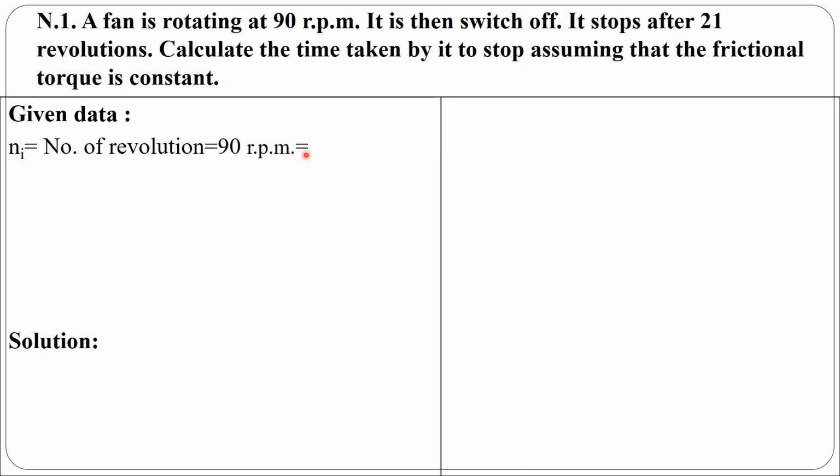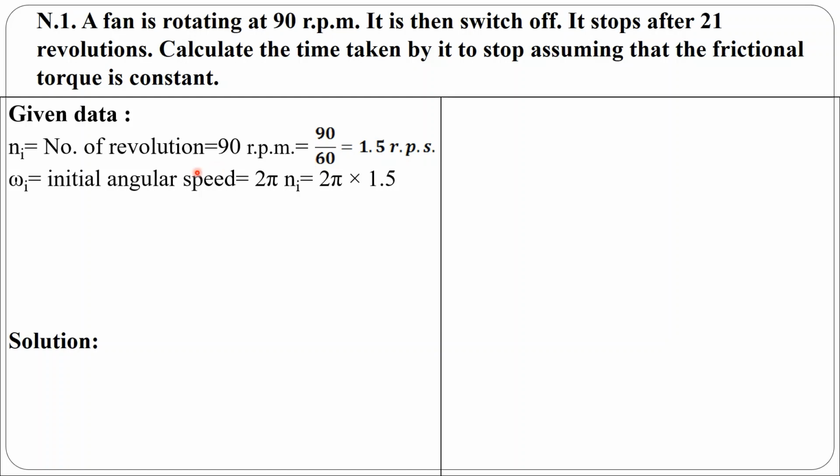rpm means revolutions per minute. So this value in minutes we have to convert into seconds. So 90 divided by 60, since 1 minute is equal to 60 seconds, the answer is 1.5 rps. From this data, we calculate the initial angular speed, omega i. The formula is omega equal to 2 pi n.